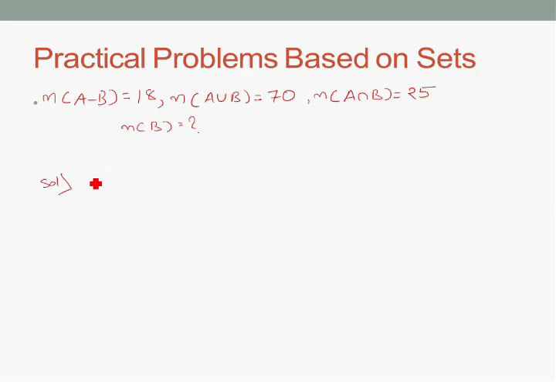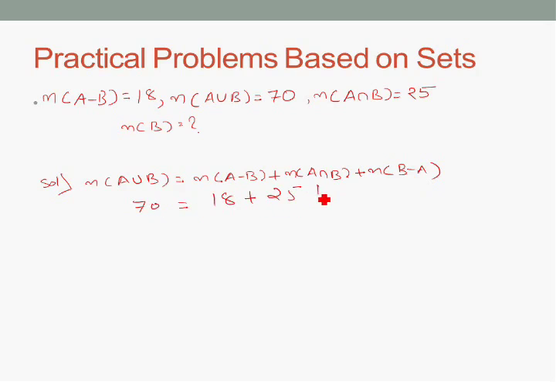Using the formula, n of A union B equals n of A minus B plus n of A intersection B plus n of B minus A, we have 70 equals 18 plus 25 plus n of B minus A.